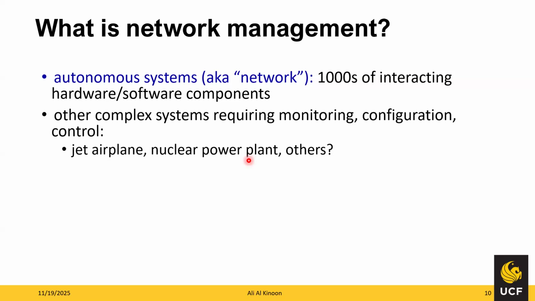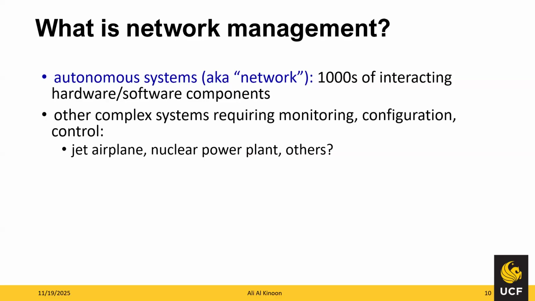So a modern autonomous system, AS, or network would contain 1,000s of hardware and software components that all have to work together. And this is just like other complex systems such as airplanes, power plants. Networks need consistent monitoring and configuration and control. So without active management or these mechanisms, the system would drift into failure or degraded performance.